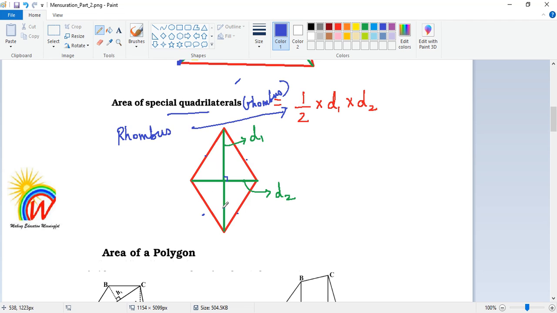And they bisect each other also. Bisect in the sense they divide each other into 2 equal halves. Now the formula for area of a rhombus is half times d1 times d2. We don't have to find the height here because that itself is the height. See, it's d1 into d2, that's all. d1 is the whole diagonal from here to here and d2 is the whole other diagonal. Both the diagonals' lengths are multiplied with each other.